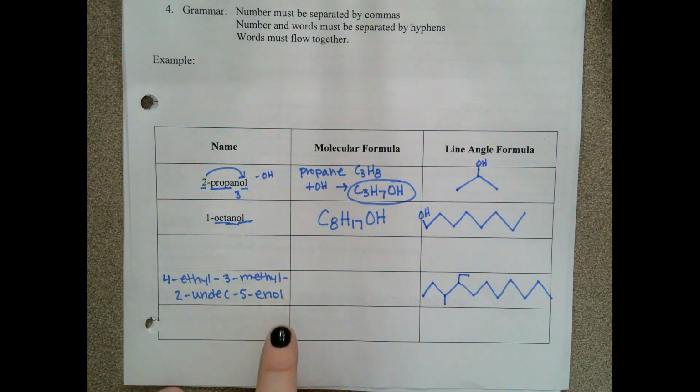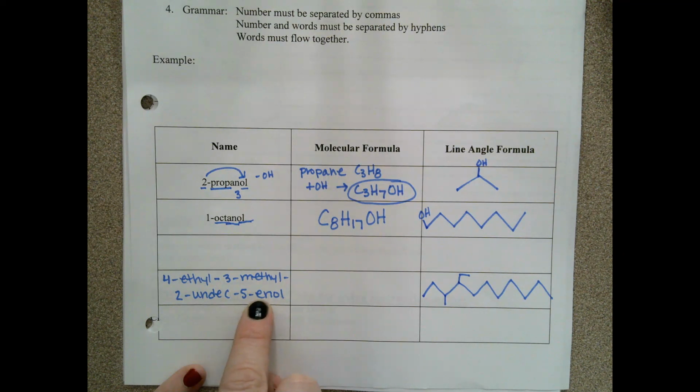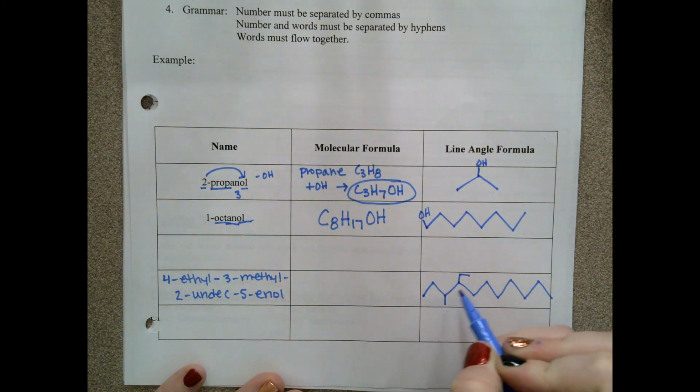And then let's deal with the mess on the end. There's a reason that 5 is separating, because that 5 tells us where the double bond is. Notice how it's in front of the EN? That 5 is telling you that the double bond is on 5. So 1, 2, 3, 4, 5.